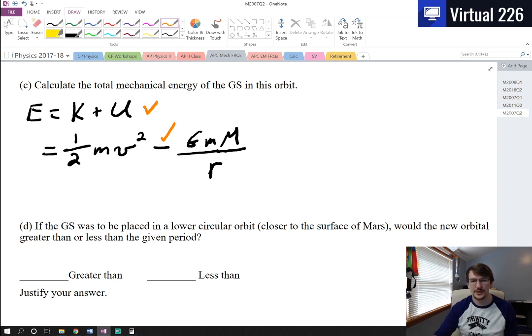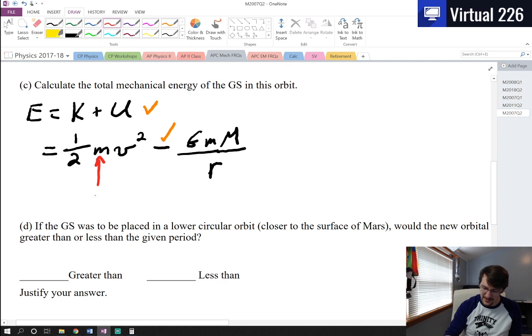If we are dumping in values here, we just need to be a little bit careful. We could do the algebra down to doom, but I personally like to throw in the mass of the Surveyor, so that's the 930.